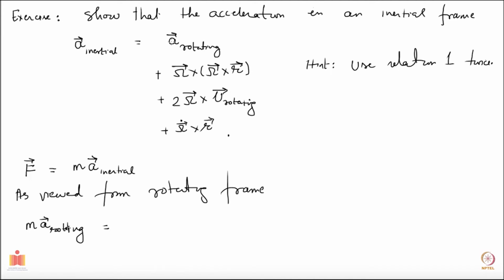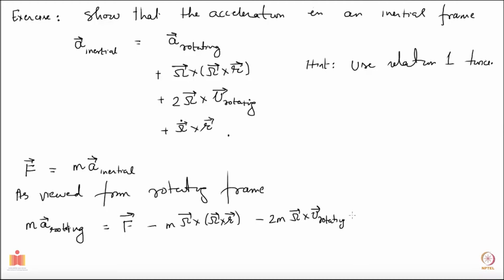And this will be what? M times A. So I multiply throughout, and here M times A inertial will be the force, which is the true force on it. So I get the force minus all these terms here multiplied with M. So you'll have minus M omega cross omega cross R. Then you have minus 2M omega cross V in the rotating frame.